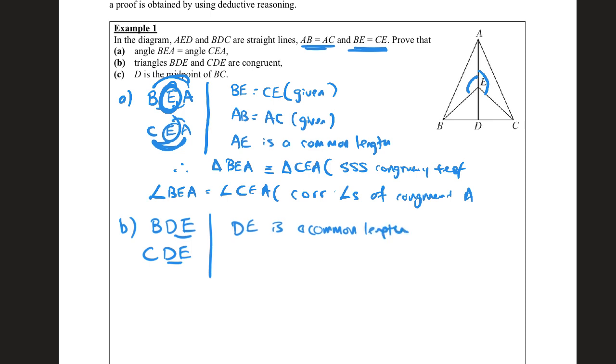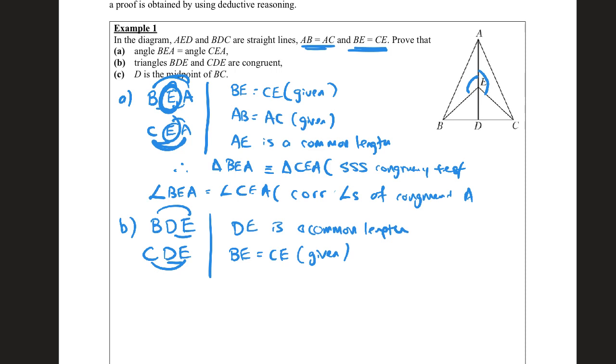This is the same length. Next, we'll look at what is given. BE and CE are given to be the same. And the last one, the tricky one.